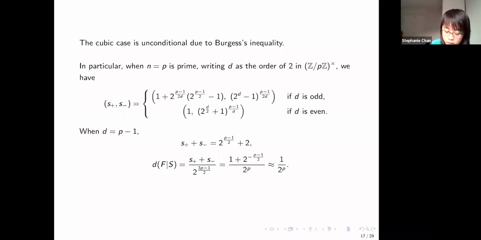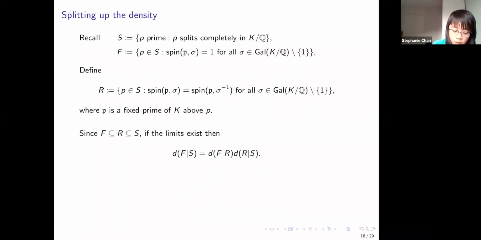Okay, so I will try and give you some indications of how the order of 2 in the multiplicative group mod p actually comes into the picture.